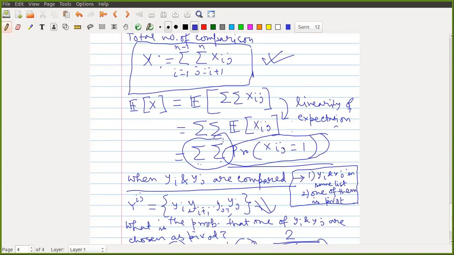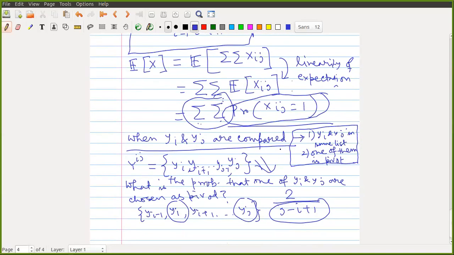So in that case, this last list case will also be compared. Do you agree? Like yi minus 1 and yj. At one point of time, i's value would be i minus 1, right? And j's value would be this j. In that case, it will be compared. So we are not actually losing any comparisons.